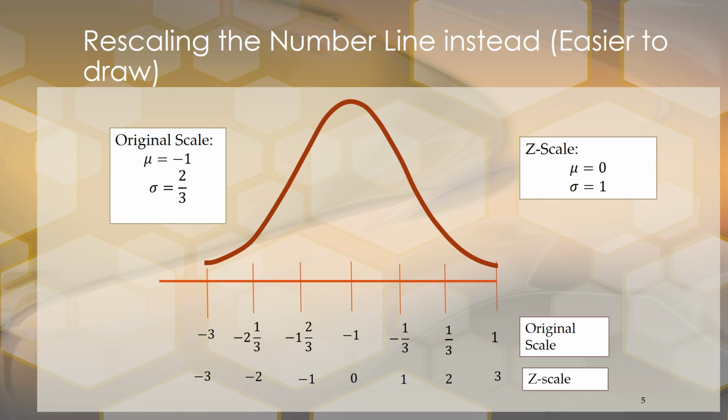But if you want to translate that to a z-scale, the mean's always going to be 0, so that's going to be in the middle. Then we go up by 1 each time to the right, and we go down by 1 each time to the left. So this is just easier to draw if you want to rescale it.